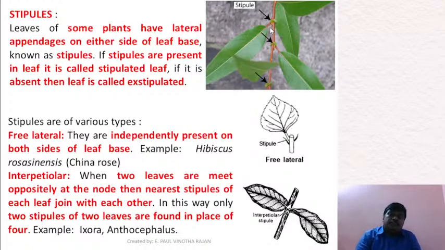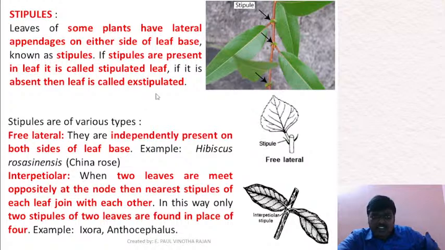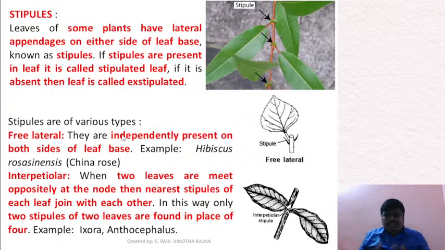That is called the stipules. If the stipules are present in a leaf, it is called a stipulate leaf. If the stipules are absent, it is called exstipulate.